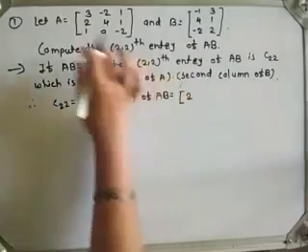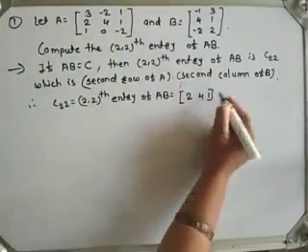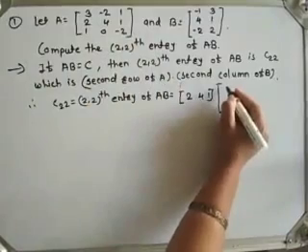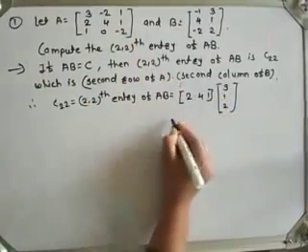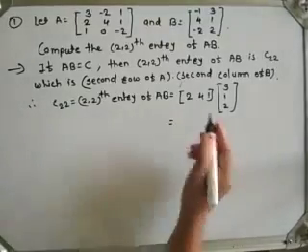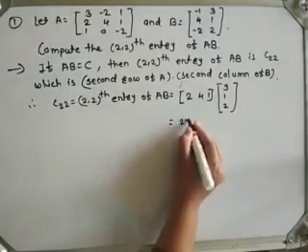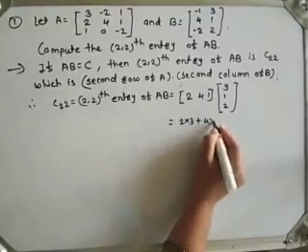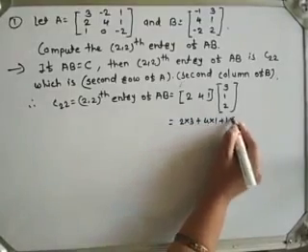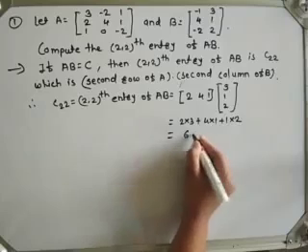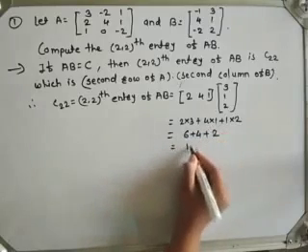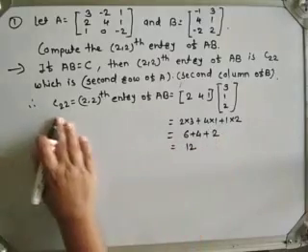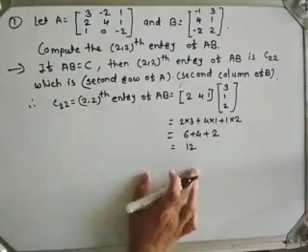The second row of A is 2 4 1 and the second column of B is 3 1 2. So multiply corresponding entries: 2 into 3 plus 4 into 1 plus 1 into 2, which is equal to 6 plus 4 plus 2, which is equal to 12. Hence the (2,2)th entry of AB is 12.